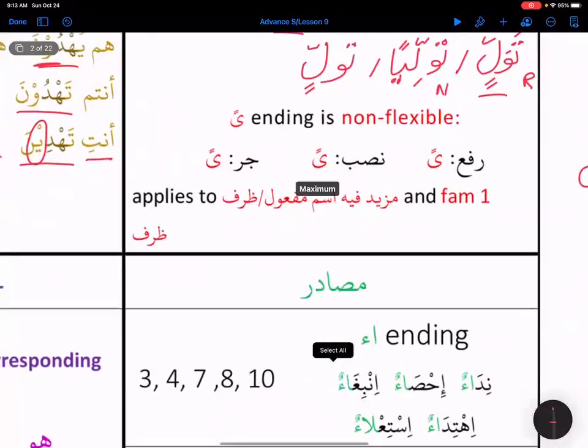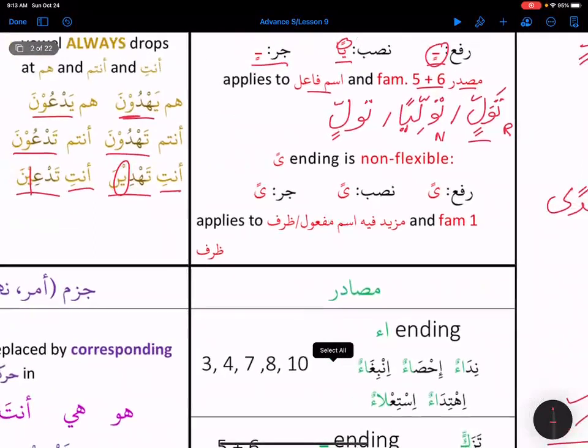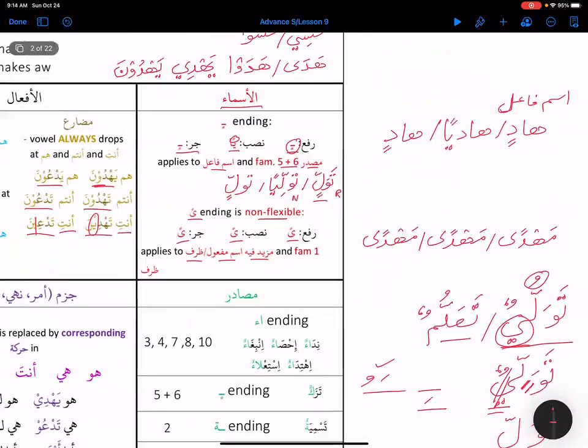And now this alif maksura ending is non-flexible. We know that, right? So the rafa version, if it is alif maksura, is an, and an, right? All three are the same. And this applies to mazid fihi, ism maf'ul, and zarf. And the example is mahdan.